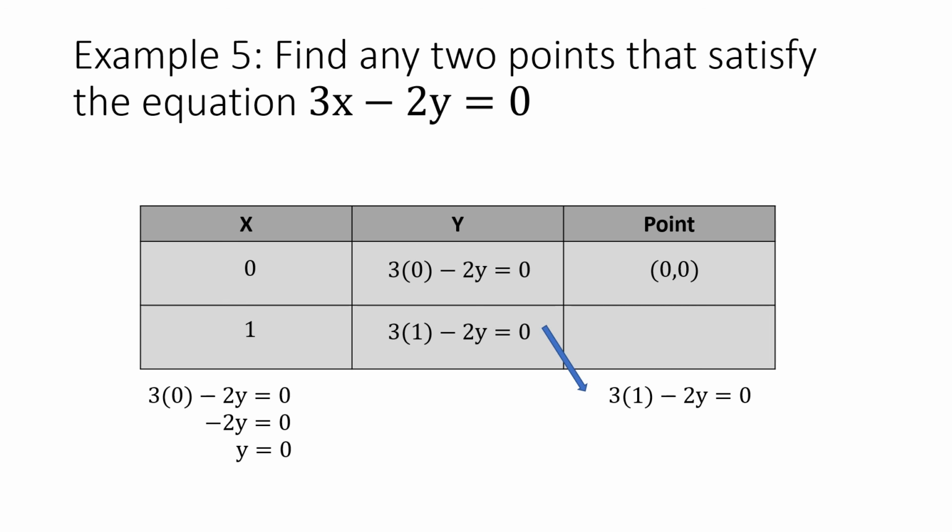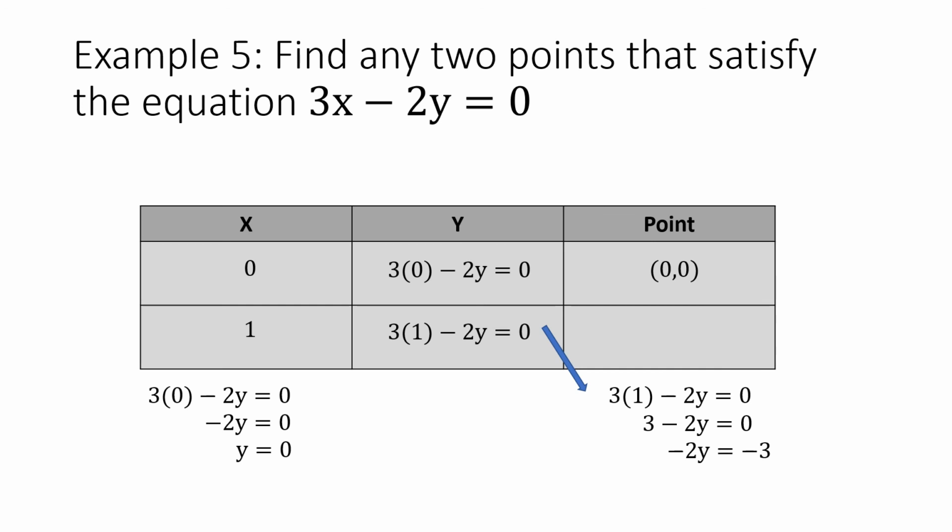3 times 1 minus 2y equal to 0. 3 times 1 is 3, and then I have 3 minus 2y is equal to 0. I have a positive 3, the 3 is being added, and so to move it to the other side of the equation, I have to subtract 3 on both sides. 0 minus 3 is negative 3, so then I have negative 2y equal to negative 3.